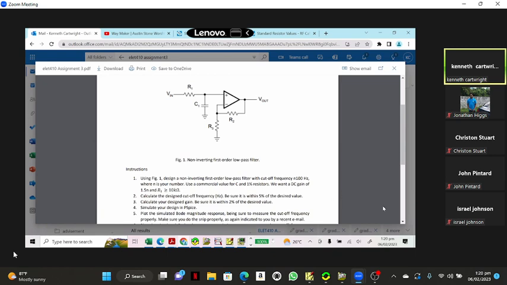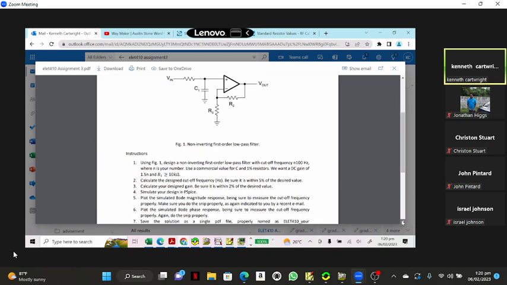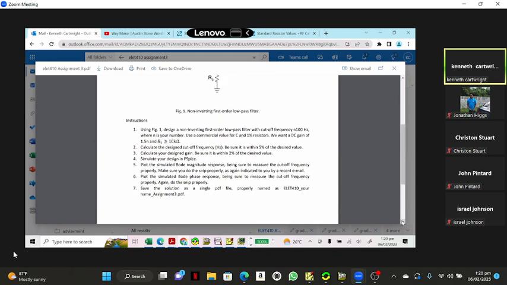And then the rest of it is exactly what we did in the last assignment. Simulate your design in PSpice, plot the simulated magnitude response, being sure to give me properly snipped graphs. Measure the cutoff frequency from the magnitude response.